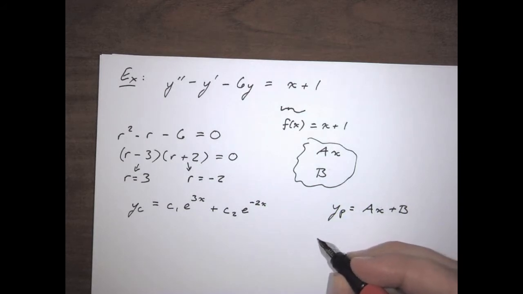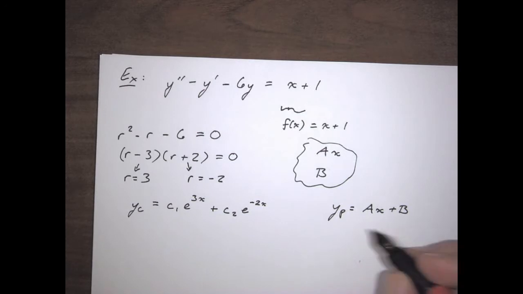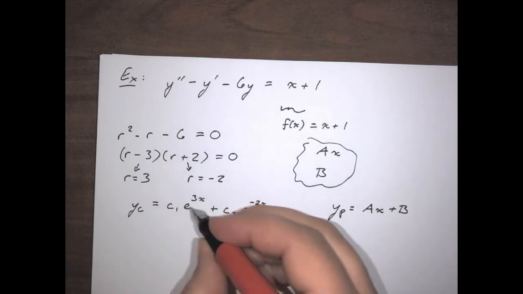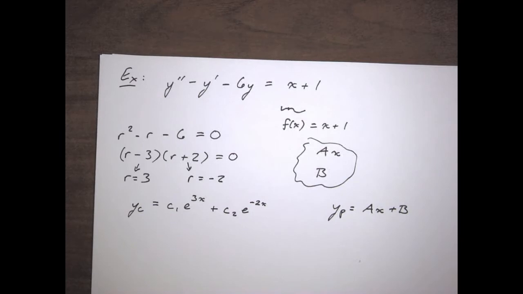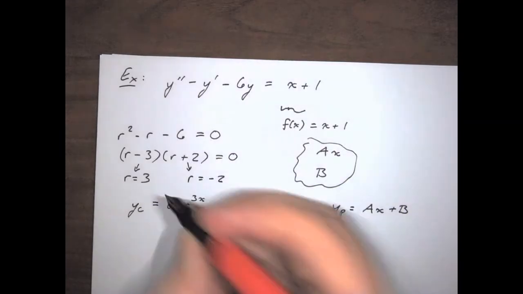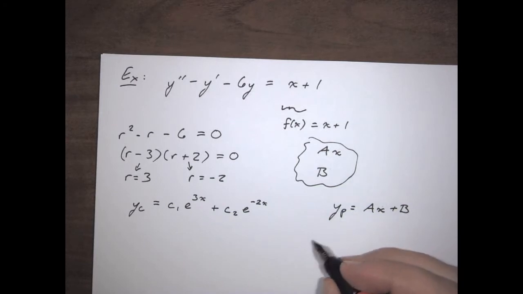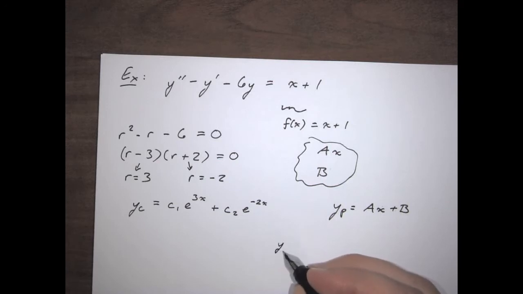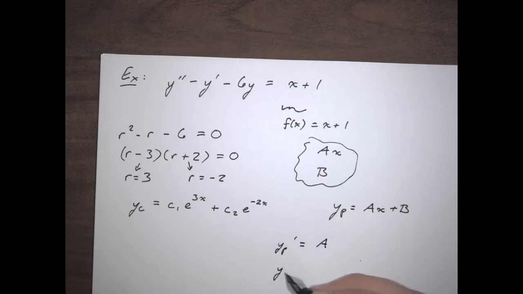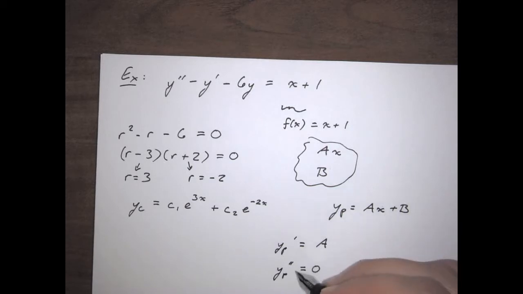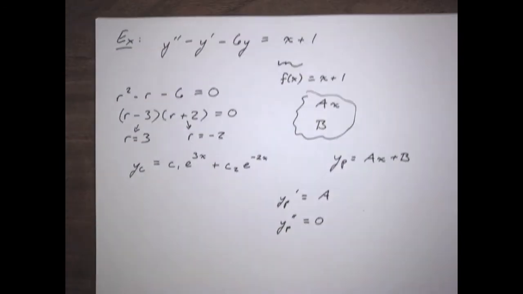All right. So then, if we were to look at this as a potential, and you look at that and make sure there's no ambiguity between the terms there, nothing stepping on the toes of any terms over there. So here, then what you would do is you would take yp prime would just be equal to a, and yp double prime would be equal to 0. So then we would take this, and this, and plug them into that, and hope that we can solve for the a and the b.